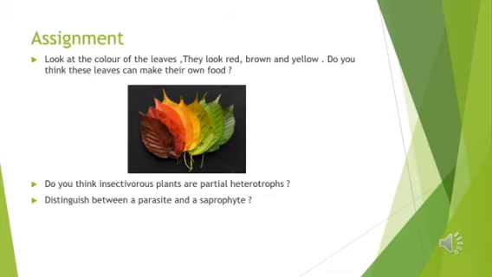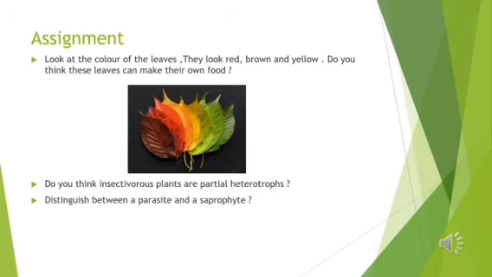Okay children, try to answer these questions. Look at the color of the leaves in the picture below. They look red, brown and yellow and of course green color. Now do you think these leaves can make their own food? The next question, do you think insectivorous plants are partial heterotrophs?